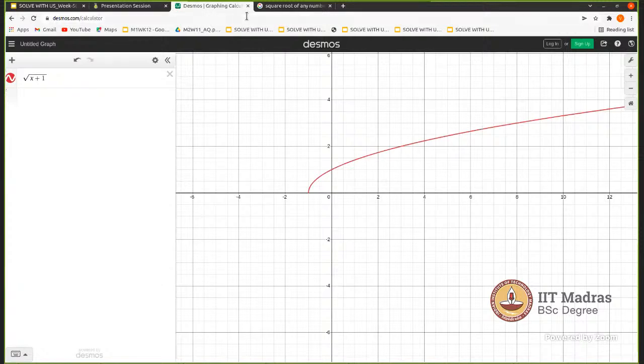As a function, we are restricting it to positive values only. No, not only function. See, we define things, right? What is addition? 2 plus 4, I am adding things.